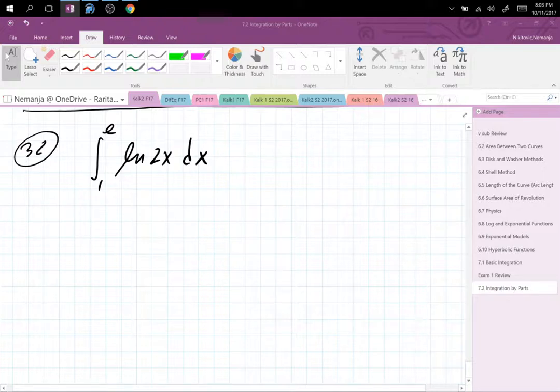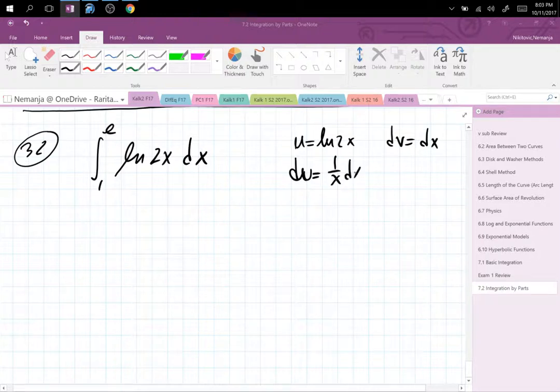What's u? And what's dv? And what's du? dx. And what's v? All right, go on. Over here? Well, when you're taking the derivative, this goes down. It's 2x.